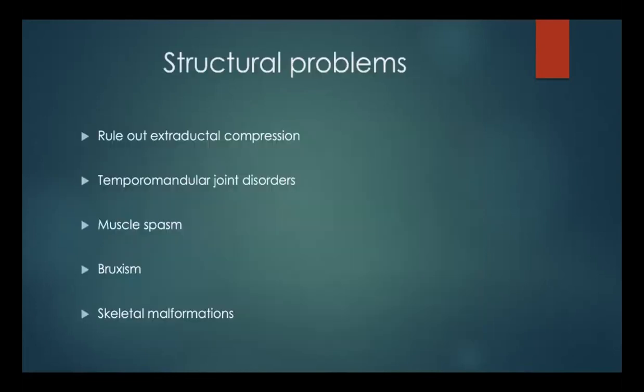What has been postulated, and really seen in personal experience as well, is that there are some structural problems which may lead to malfunctioning or a wrong orientation of your ducts. Of course, you should always go back and rule out extraductal compression. There might be small tumors, there might be small inflammatory lymph nodes and all that, which might be causing an external compression. But more importantly, we have temporomandibular joint disorders, bruxism, muscle spasm, especially temporalis or masseter spasms.